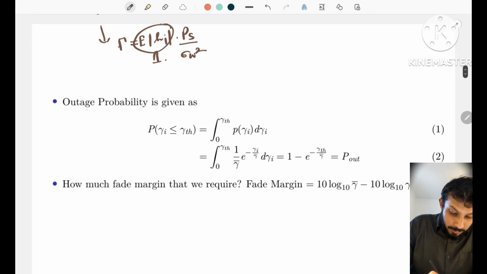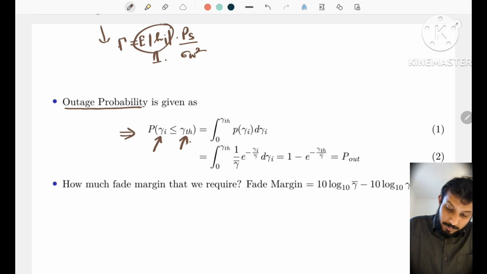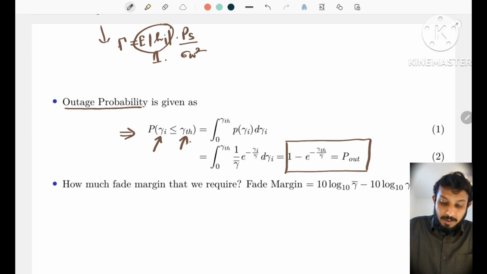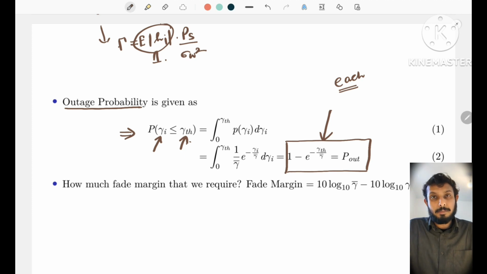Now the outage probability that the signal corresponding to each branch is less than gamma TH is given by this particular form, where we get the outage probability as 1 minus exponential of minus gamma TH upon gamma bar. This is the outage probability that each branch will have a signal less than gamma TH.